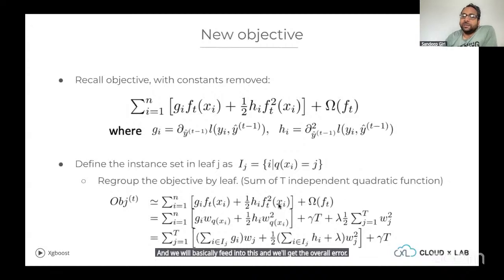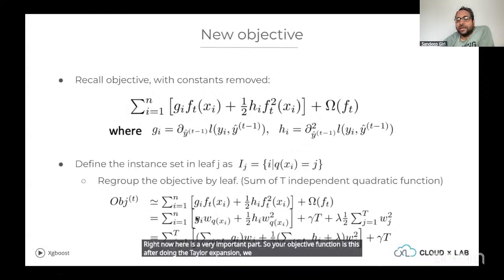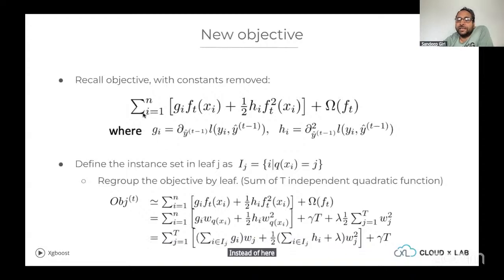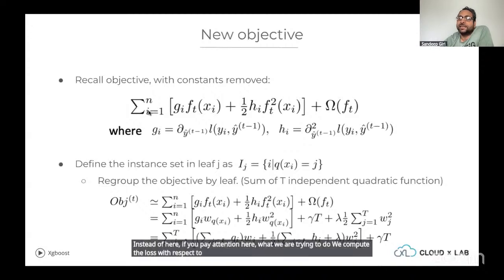Now here is a very important part. Your objective function is this. After doing the Taylor expansion, we reach here. The next step is we turn this complexity function into the number of leaves and the square of the weights. That we did. Now, if you pay attention here, we compute the loss with respect to the first instance, second instance, third instance, fourth instance, and sum up all that loss together.